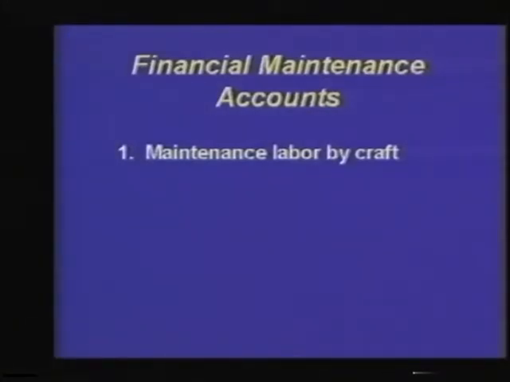That could come right off of the payroll. We could also have inventory of spare parts. And here again, it could be by part number, by family or commodity code, or by individual inventory class code.